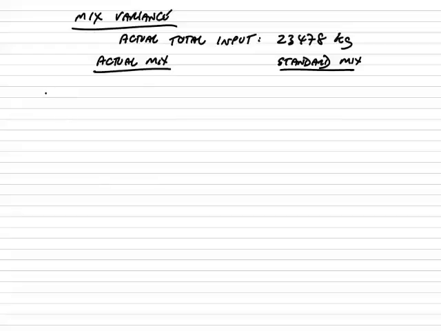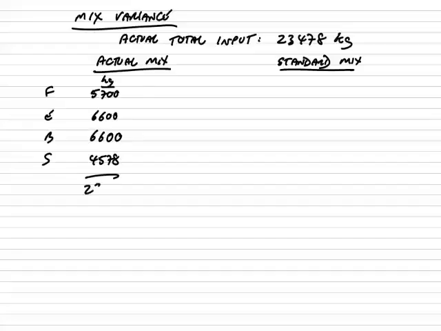You see the ingredients were flour, eggs, butter and sugar. How did we actually buy it? Look at the second page. We actually bought 5,700 kilos flour, 6,600 eggs, 6,600 butter, and 4,578 sugar. The total 23,478.